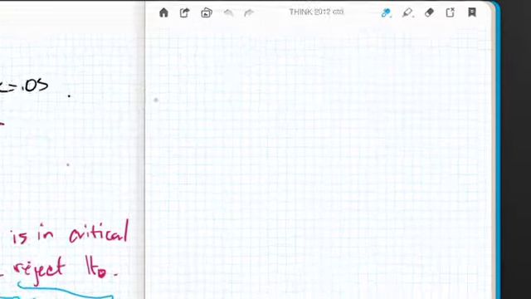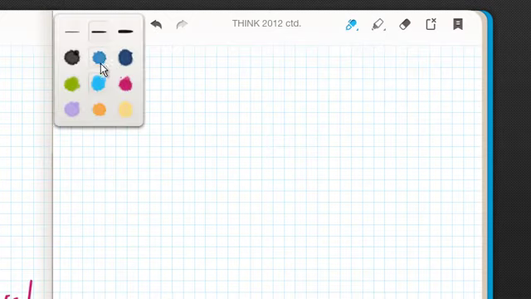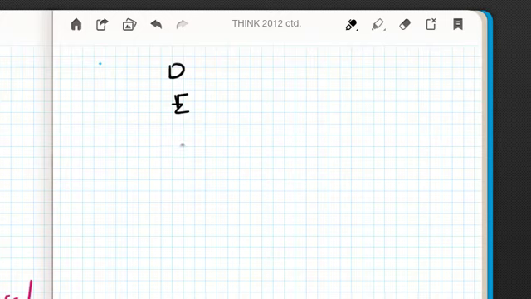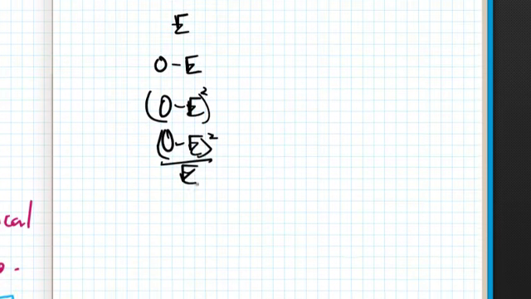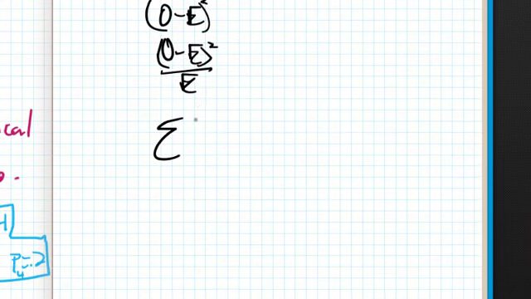It's so easy. Basically, the general rule, and we're going to play with these in class, of course, is you're going to have observed, you're going to have expected, and you're going to have observed minus expected. It doesn't matter if you get the sign right because we square it. Then you have observed minus expected squared, divided by expected, and then you just take the sum of them.